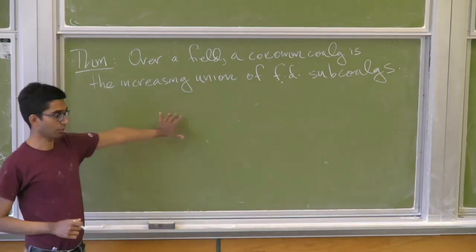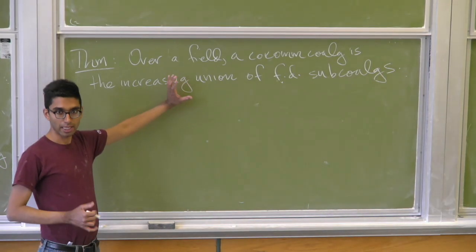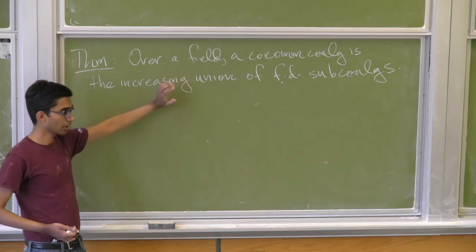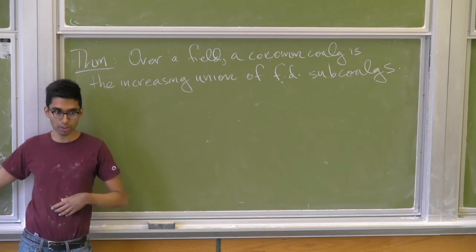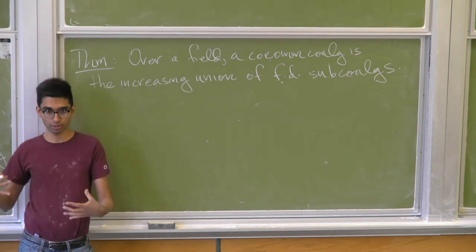This is a basic feature of coalgebras over fields. So what this means is that this construction that carries C to F sub C commutes with filtered colimits in C.